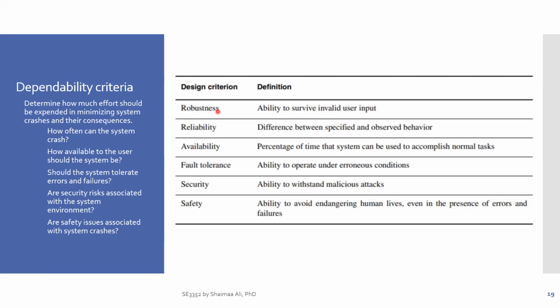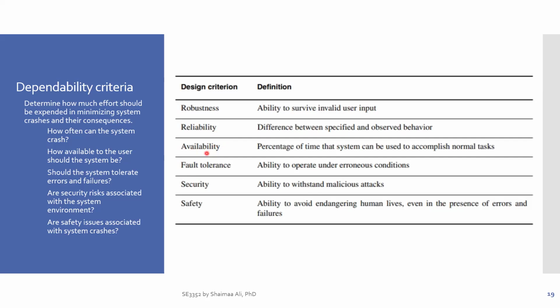Reliability is the difference between the expected behavior and the actual behavior, so how much you can rely on the system to give you what it promises.